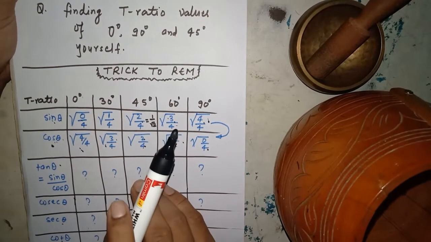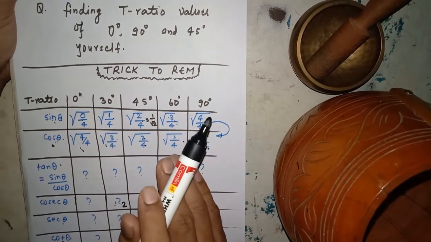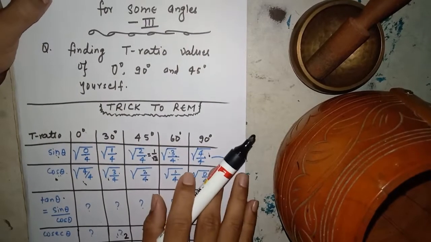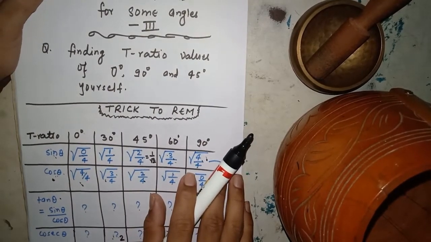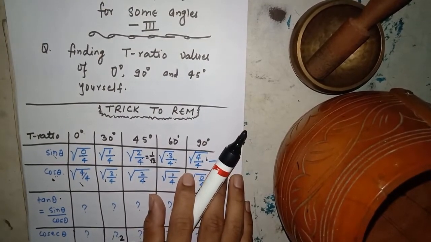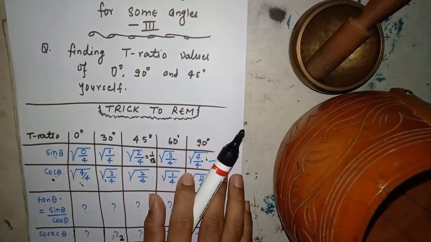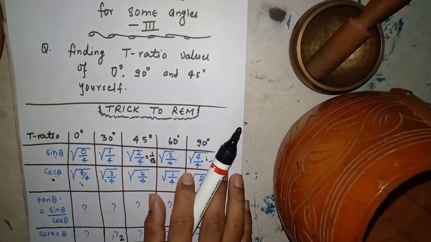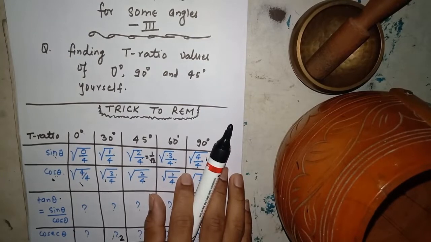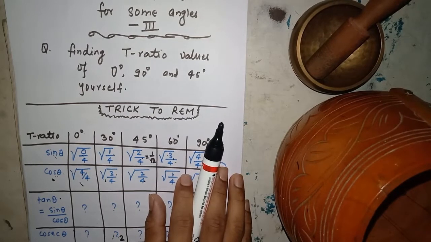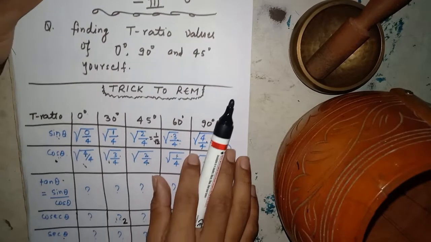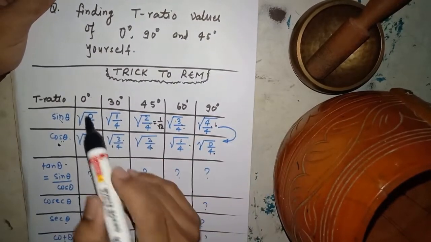But there is a way to remember it easily. You can solve it by the method I have already discussed, but there is a way to remember it, because you have to remember it for solving the problems of trigonometry. So how can you remember it? Here is a trick I am giving you.